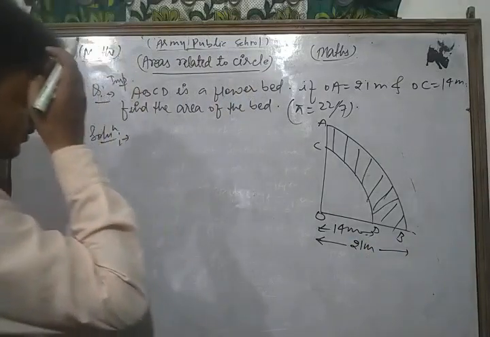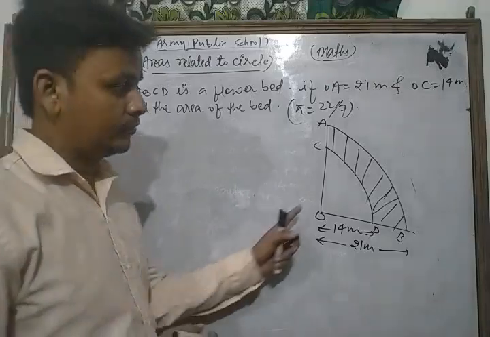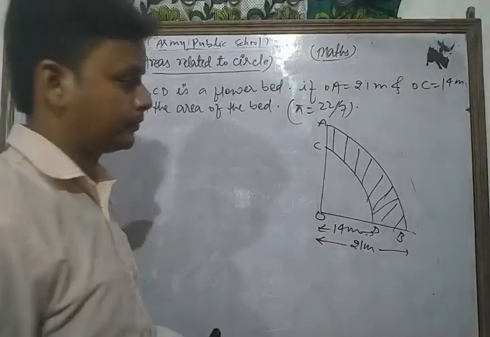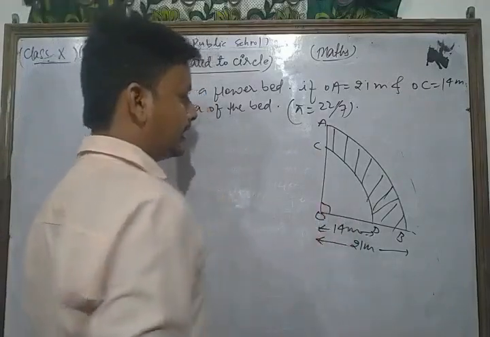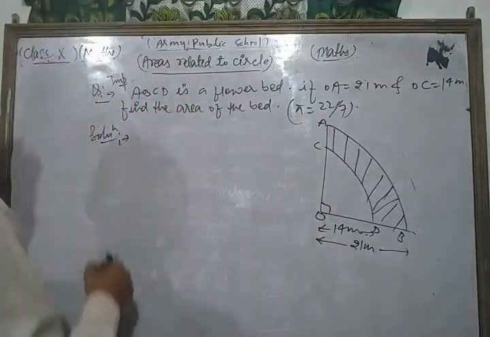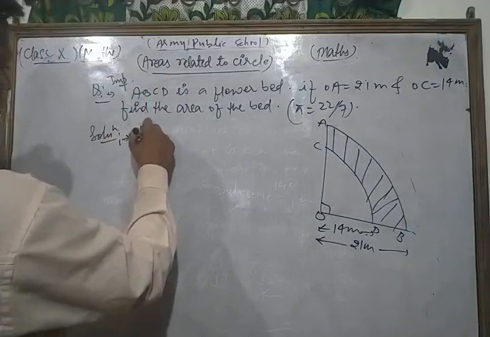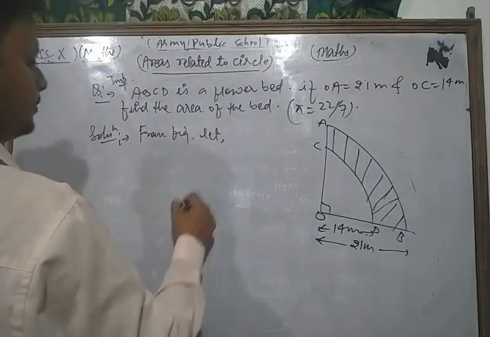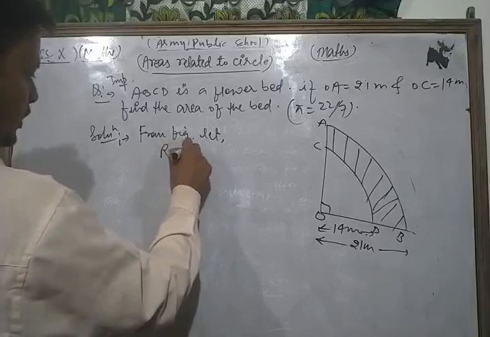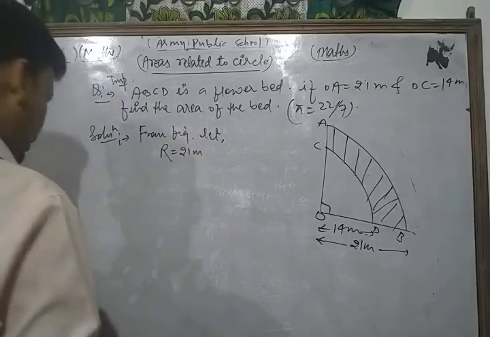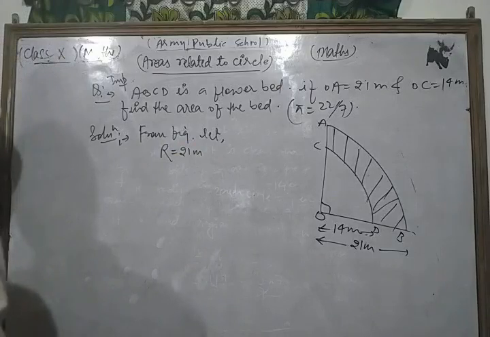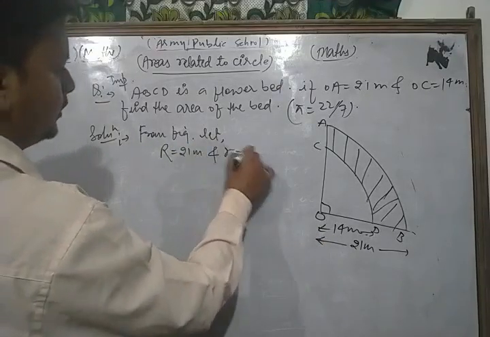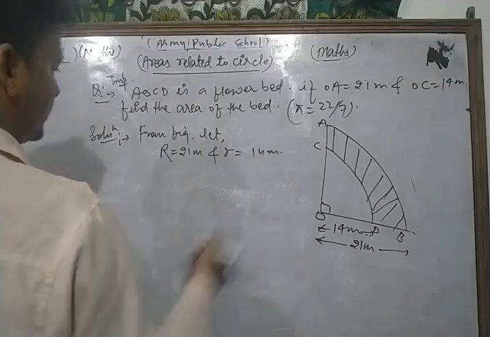Now look here, in that figure there are two quadrants. This is the shape of a quadrant, because its angle is 90. Now look, from the figure, let capital R be equal to 21 meter, the radius of the bigger quadrant, and small r we take as 14 meter.